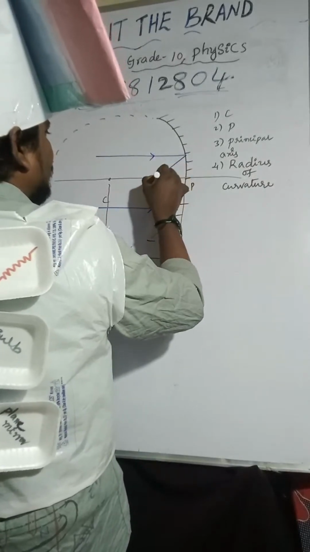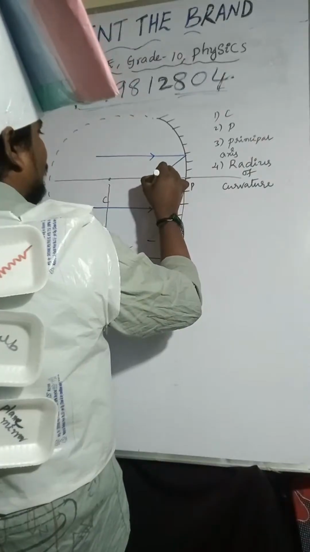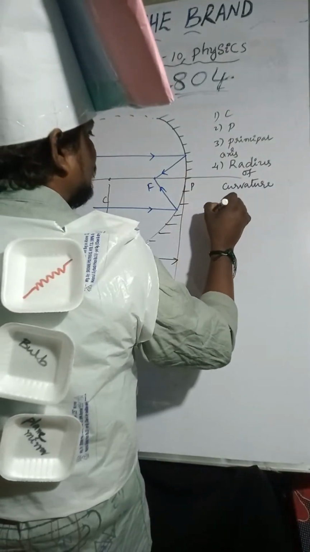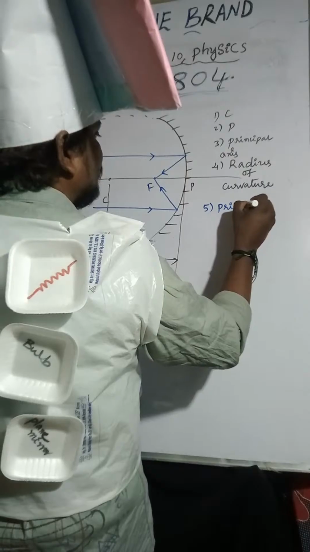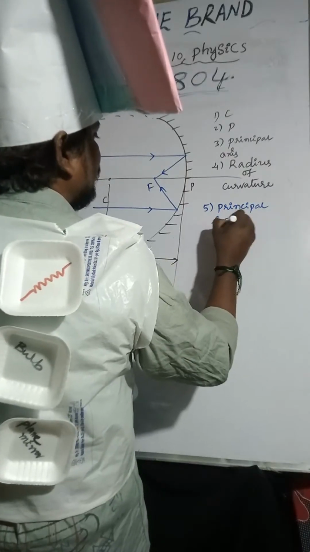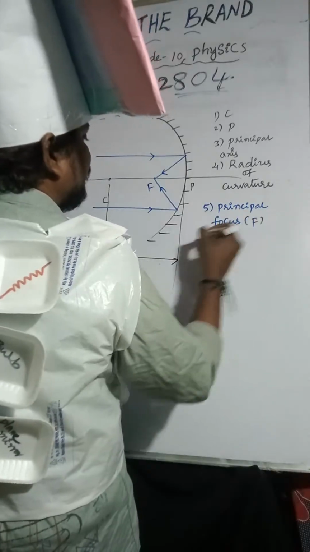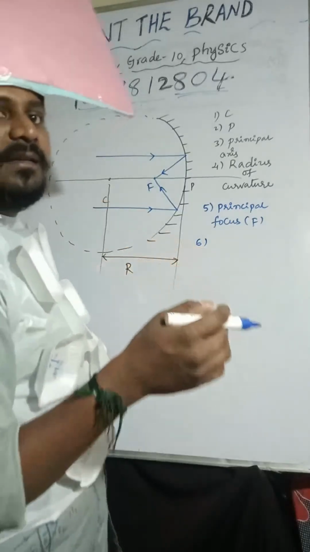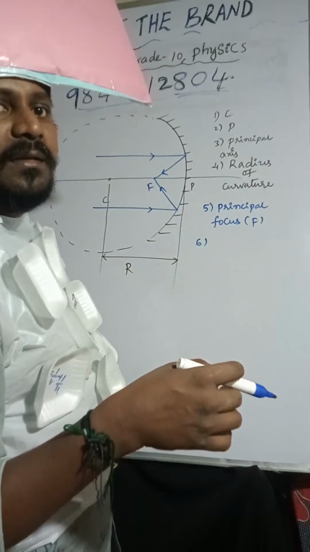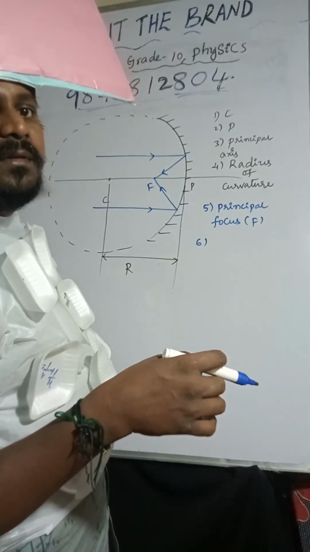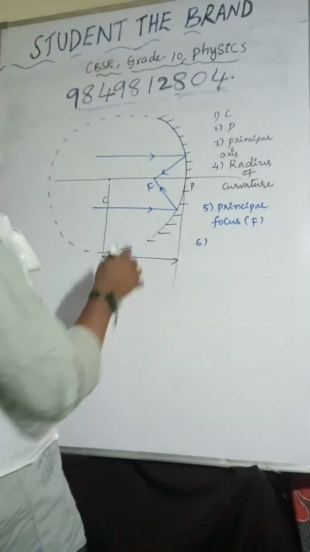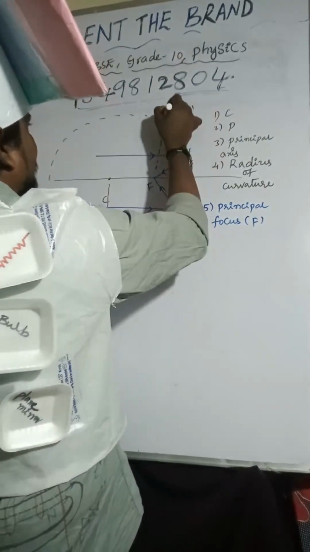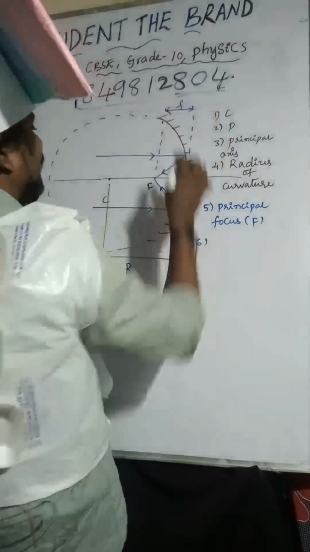This is the focus, the fifth one, principal focus, F. And the sixth one, the distance between focus and pole is called focal length.